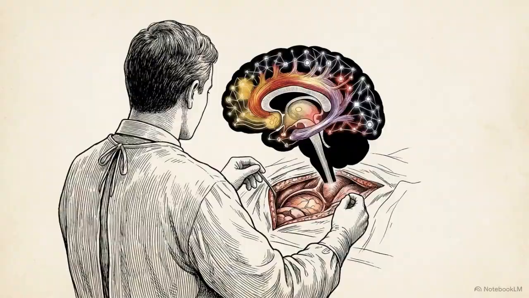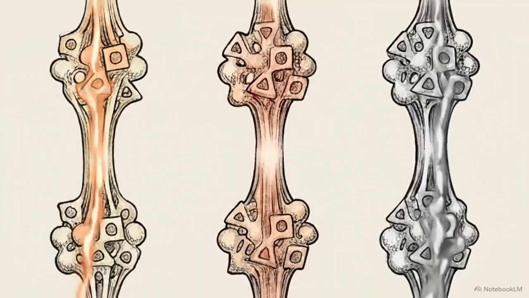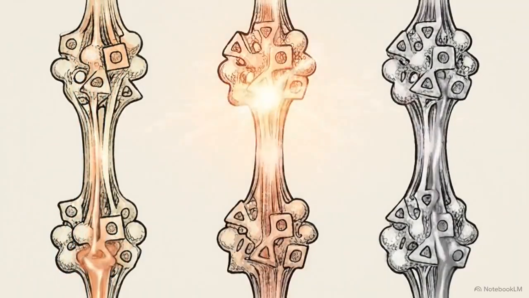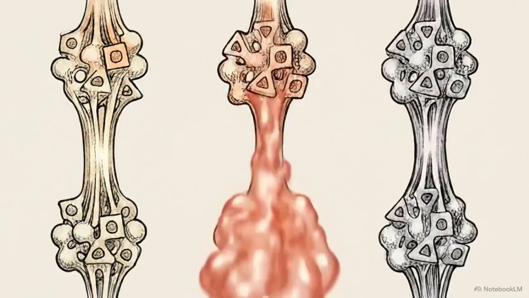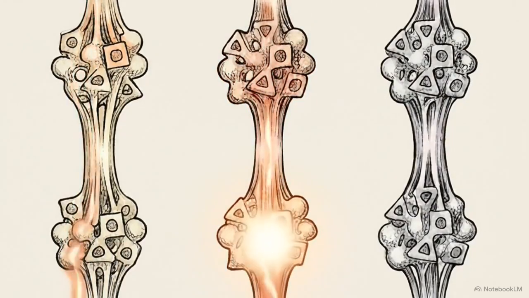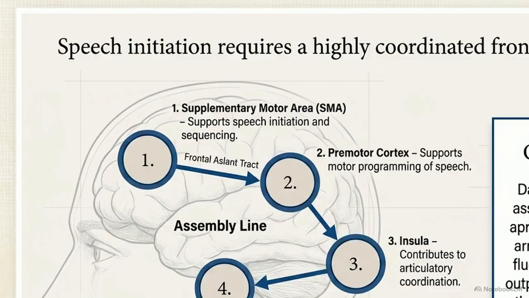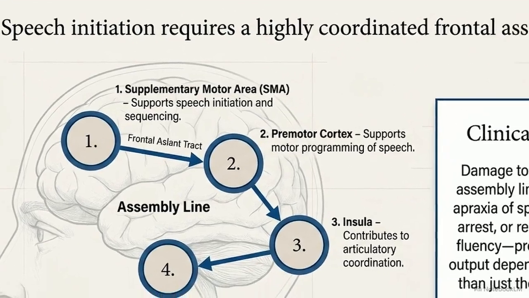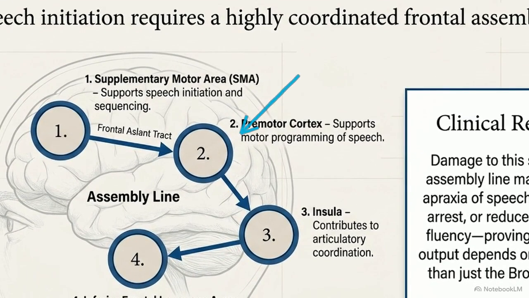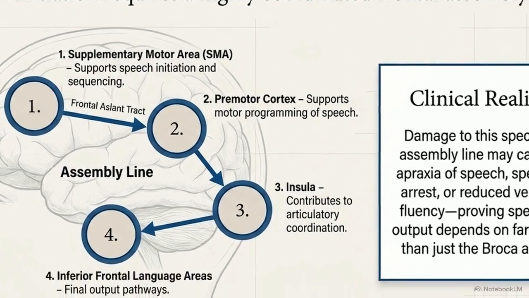To dismantle the concept of a single speech area, we must look at how speech initiation travels across a highly coordinated frontal assembly line. The process begins at node 1, the supplementary motor area, the initial spark for speech. The signal travels down the frontal aslant tract to node 2, the premotor cortex, which compiles physical motor programming.